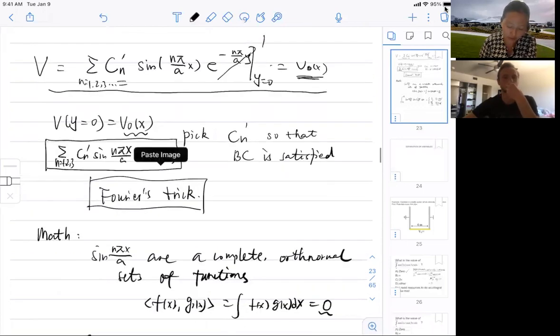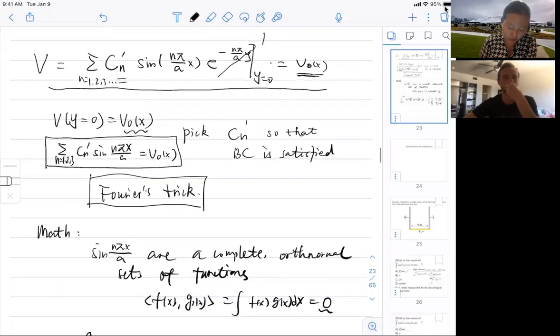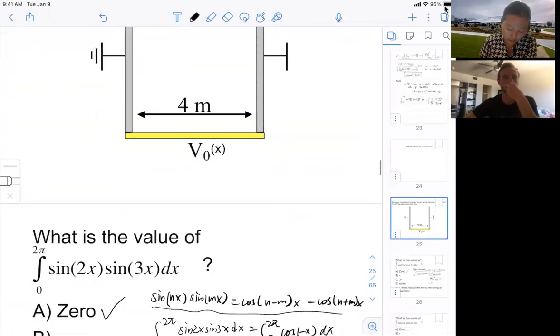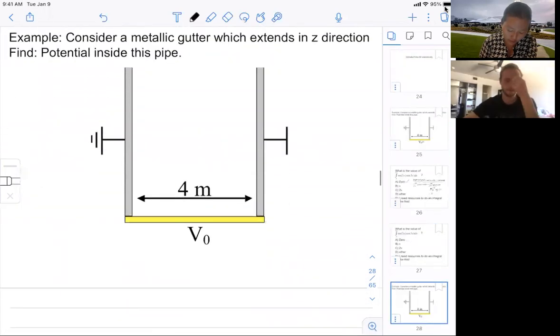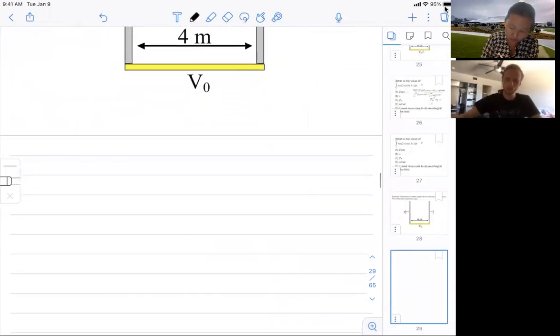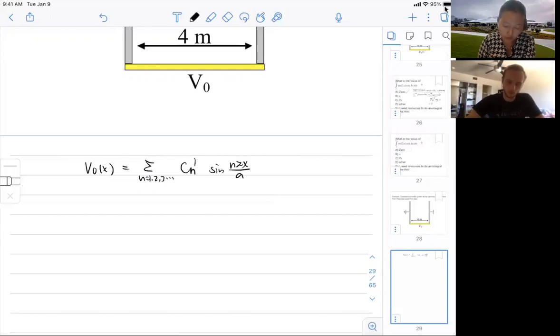And we said V naught X is V naught. So the Fourier's trick, and we're going to do this.